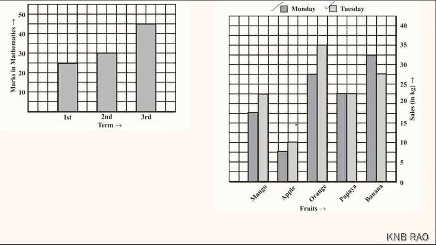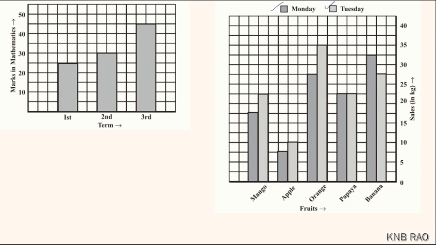And here is the most popular fruit of that place, oranges. Orange was sold 27.5 kg on Monday, whereas 35 kg on Tuesday. So, now you can read this graph. This is a double bar graph.